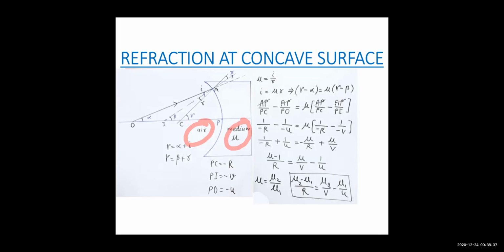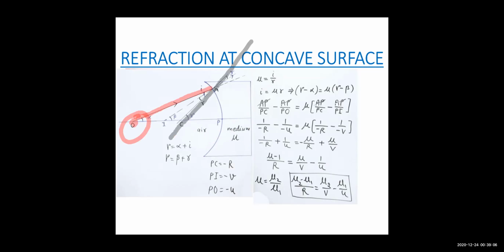Right? Now, let's try to understand the rays. So here children, you have supposed a point object, that is O. If we draw an incident ray like this at point A, the angle of incidence is the angle between the incident ray and the normal.